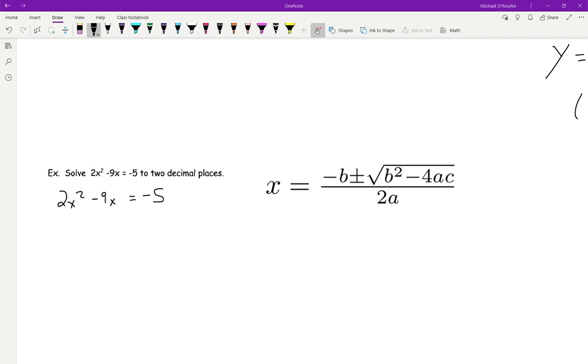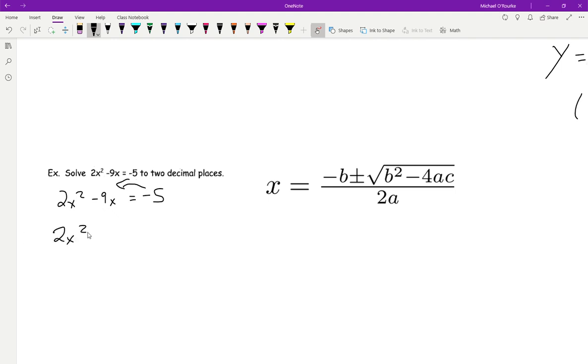Who agrees with Christopher that we need to bring that negative 5 over? Come on, Matthew, I haven't heard from you in a while. Tanner agrees. Yes. So you need everything on one side. Good. Let's bring that over.